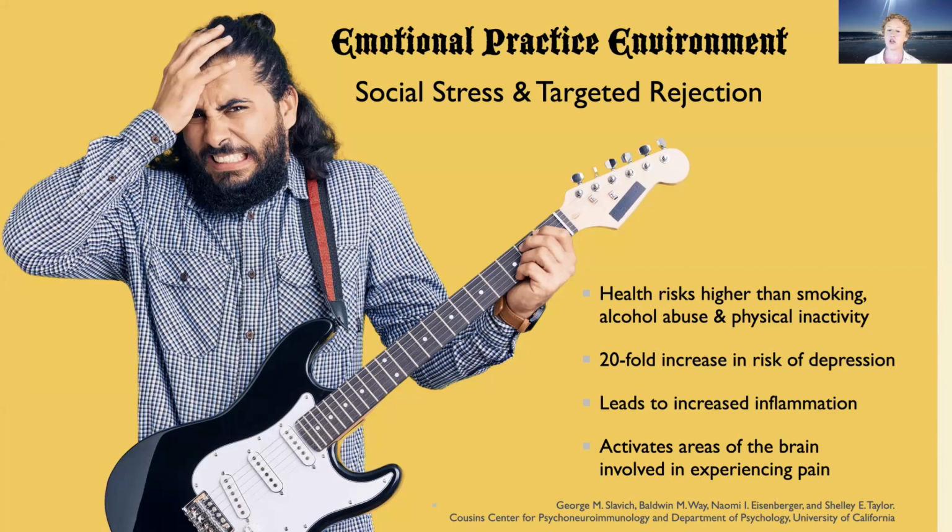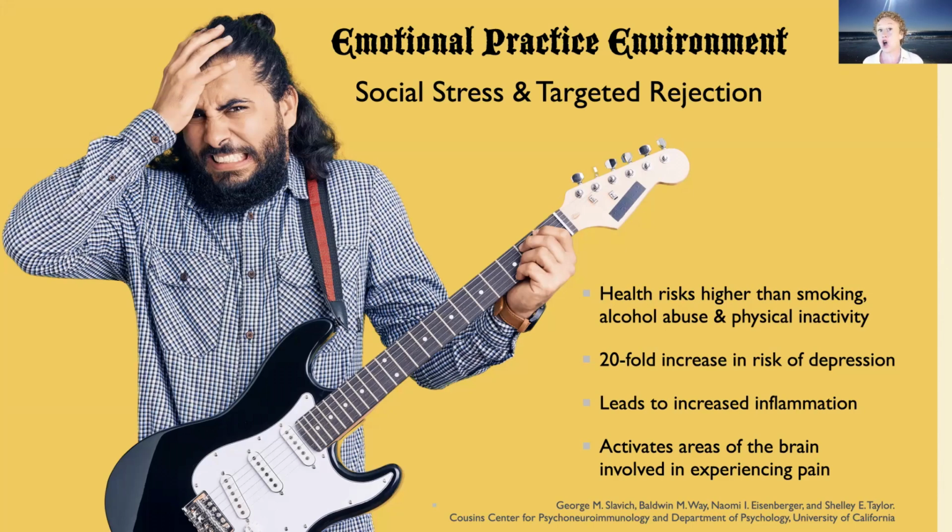So what this study looked at was social stress and targeted rejection, and adolescents who were exposed to social stress. This can be peer driven. And for me, this is like the modern thing, right? Social media, who's liking you, who's bad mouthing you on social, all this judgment that's around, particularly for the younger generation these days.